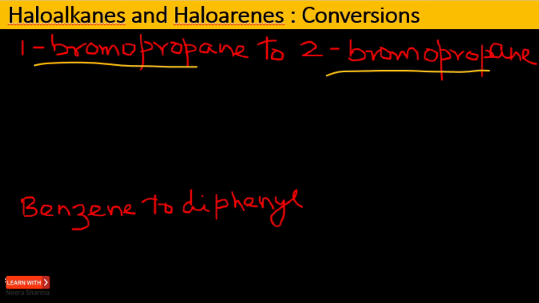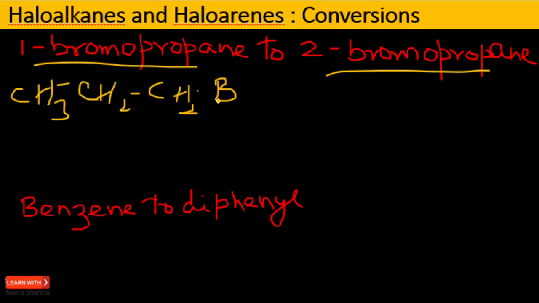Using Markovnikov's rule and anti-Markovnikov's rule, if I have an alkene, that means this reactant that I am having, what is this? 1-bromopropane, we should be able to first convert it into an alkene. So how do I convert an alkyl halide into an alkene?